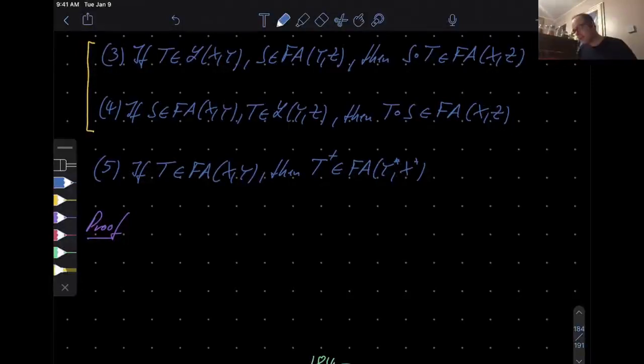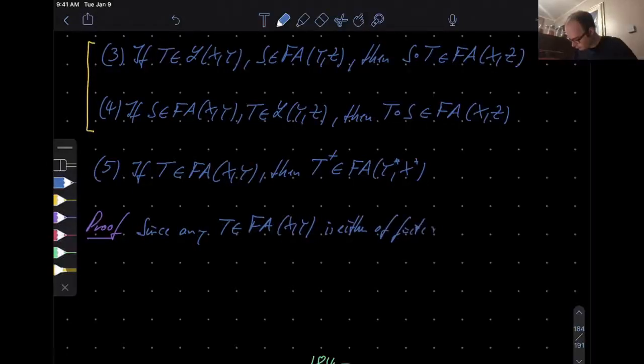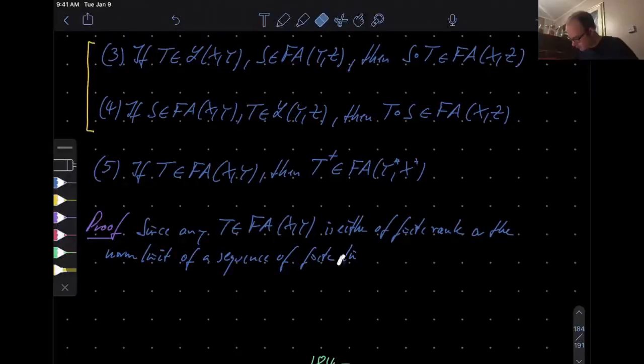First off, many of these properties are clear from the get-go. So since any, that's what I already said earlier in words, any element in Fa by definition is either of finite rank or the norm limit, that is to say in operator norm, of a sequence of finite rank linear transformations.